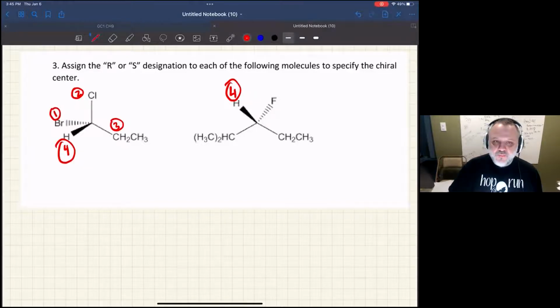Now, is that low priority group pointed away from us? It's not. So we're looking on the wrong side of the molecule. Now you can redraw it if you want.